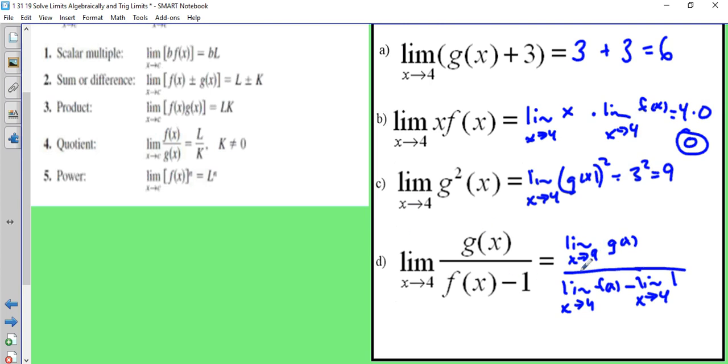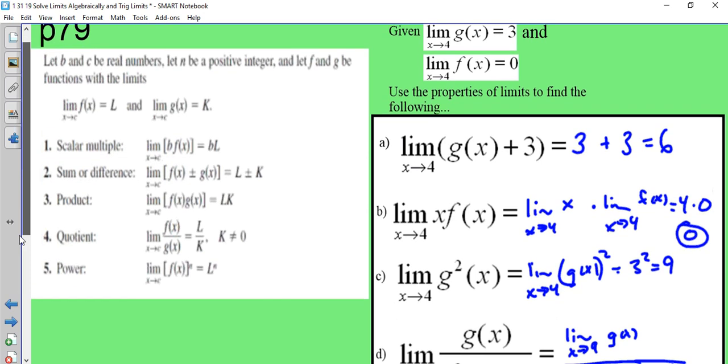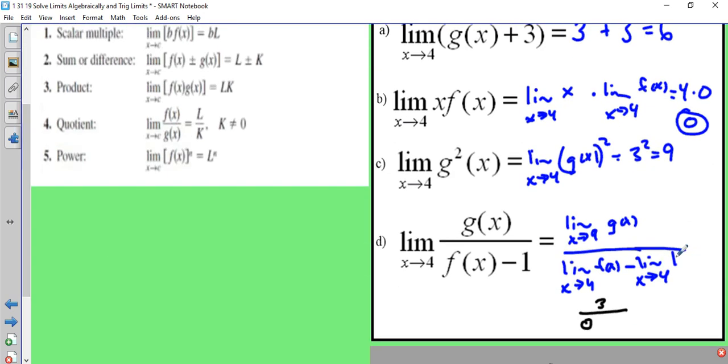What would that be? G of x we found before is 3. So this one equals 3 over the limit of f of x, which we know is 0. And then this limit, because it's a constant, a horizontal line, is going to equal 1. So our answer is going to be negative 3.